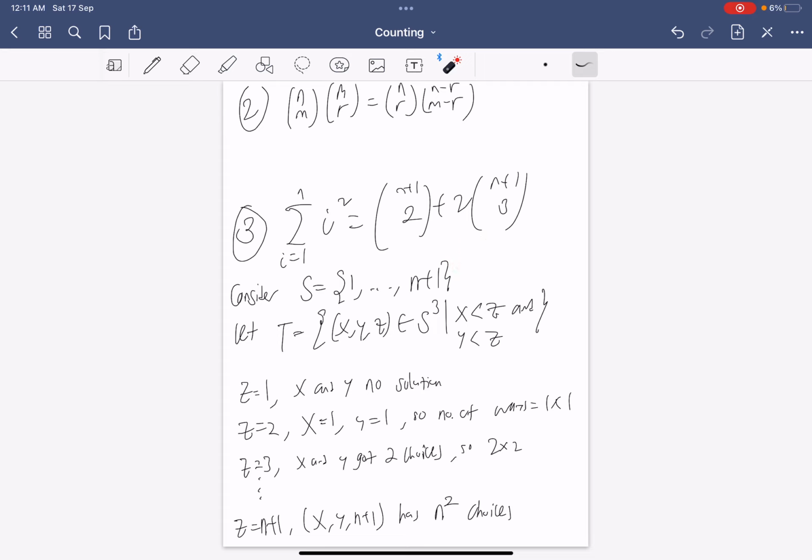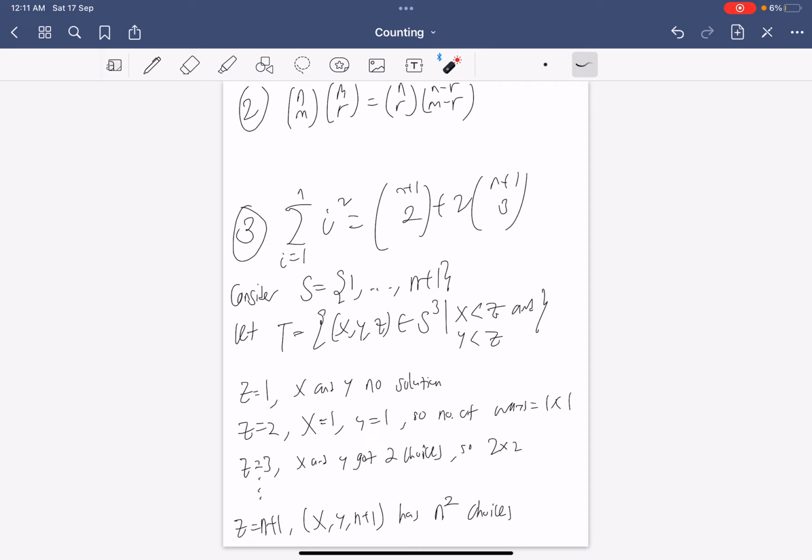Next, we consider a subset of the ordered tuple where x, y, and z come from this n plus 1 element set, and x must be less than z and y must be less than z. And so this just means z is the maximum element and x and y cannot equal z.